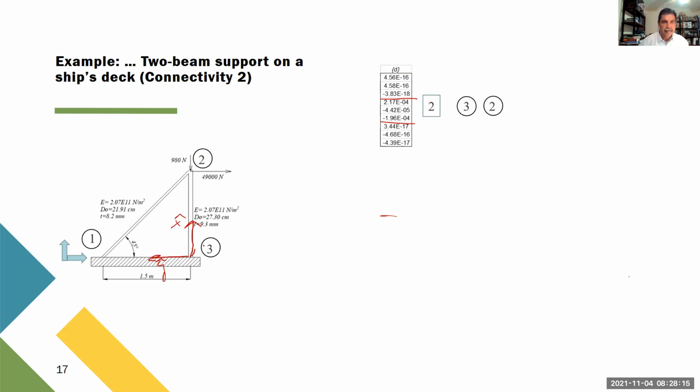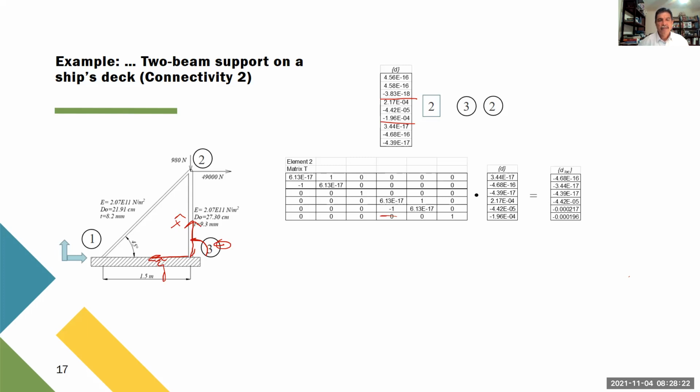This is theta, and what we do is we transform. This is the T matrix. In this case, theta is plus 90. So cosine is 0, sine is 1, minus sine is minus 1, and this is 0. And this is the same as this one.